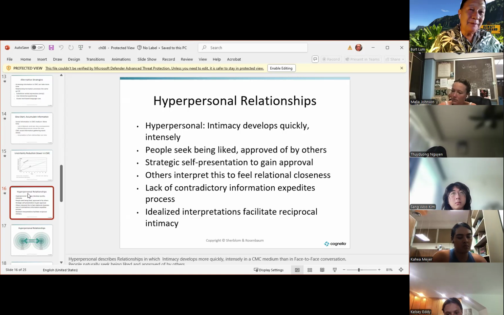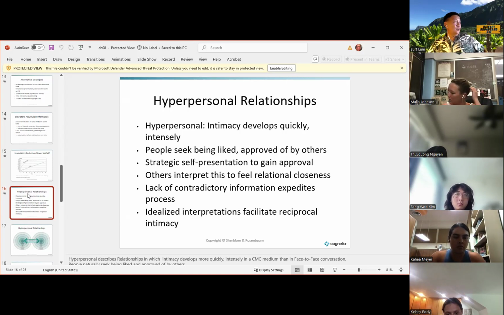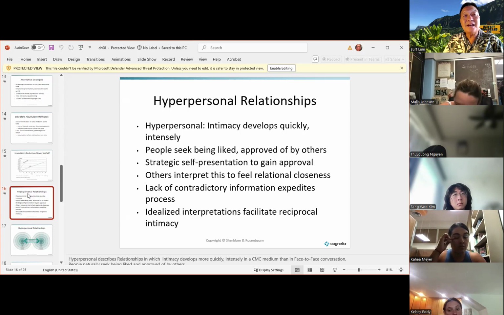Now the thing about these dating apps that were talked about in the chapter indicated that it only presented highly positive, almost to the degree of an exaggerated positivity, right? That created an environment for a reciprocal closeness.